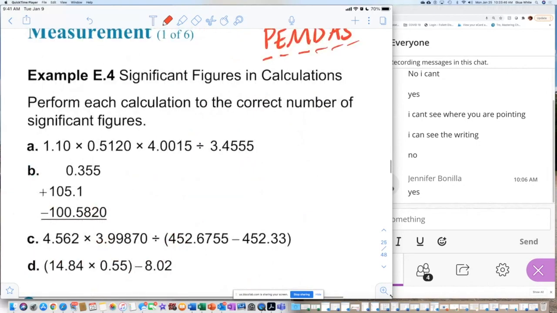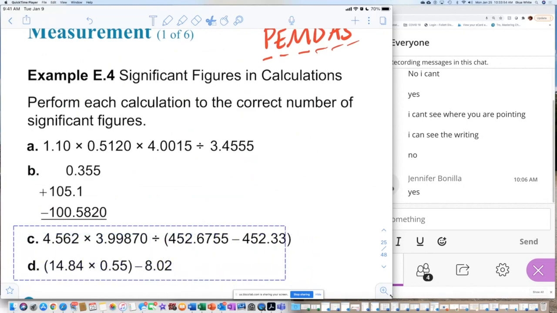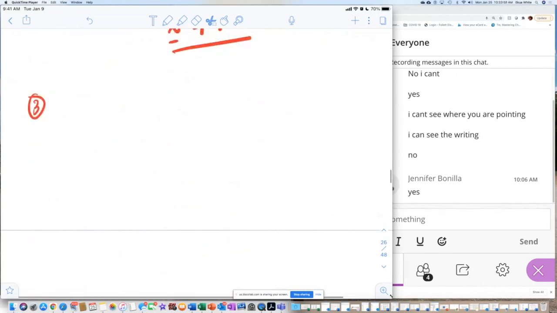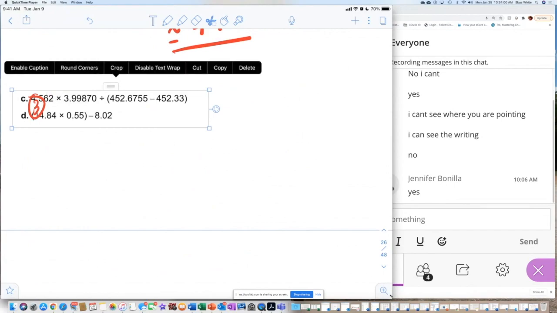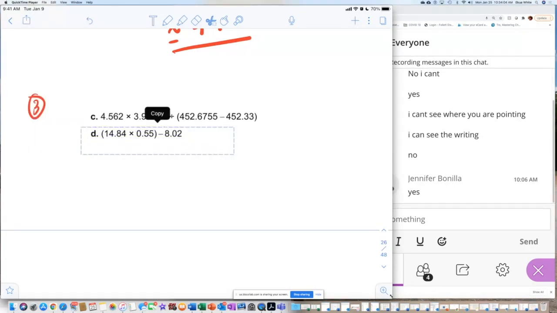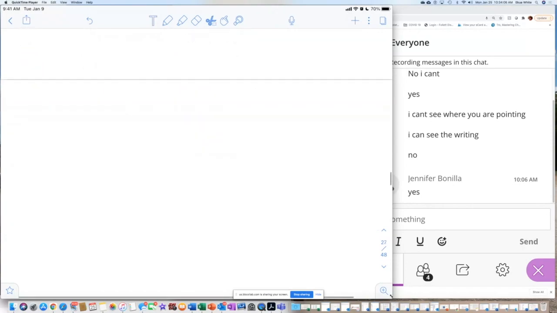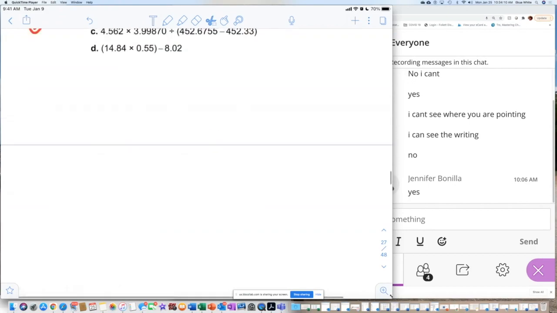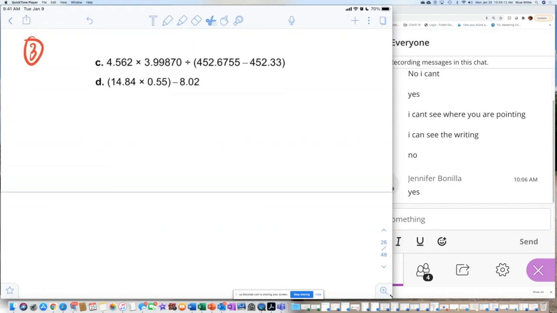Okay, the third question. Actually, let me copy these two, put them here. Okay, I'm only going to be working on the top one here, so I guess I should cut the bottom one.